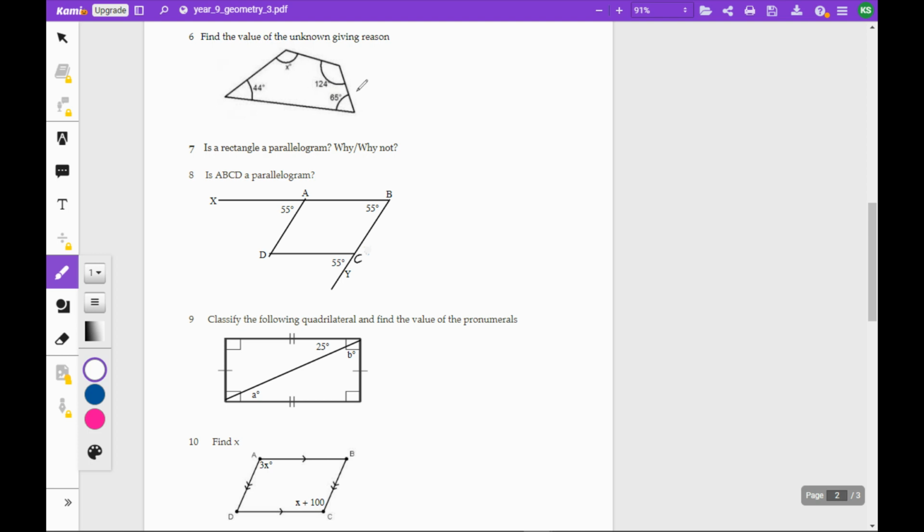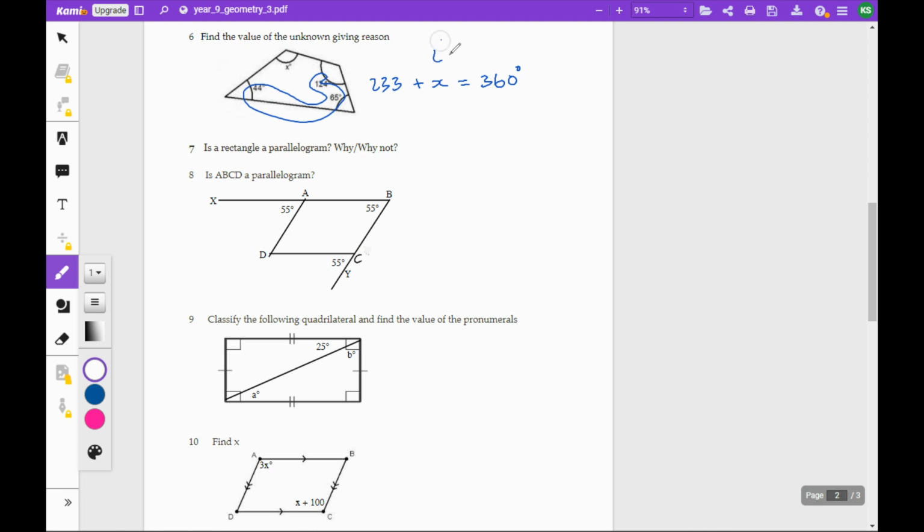The first one over here, we're going to add up all of these angles. So we add up those angles and then add x to get 360 degrees. When you add up 44 plus 124 plus 65, it comes to 233. And now you've got 233 plus x, and it must equal 360 degrees because it's a quadrilateral.